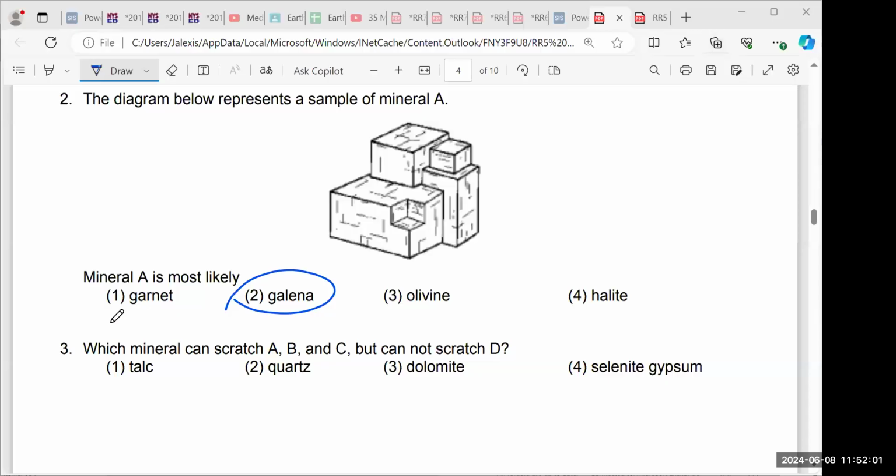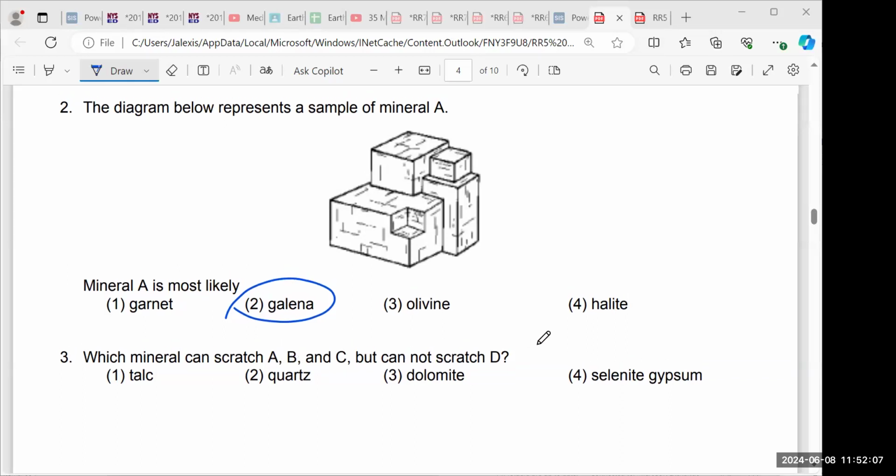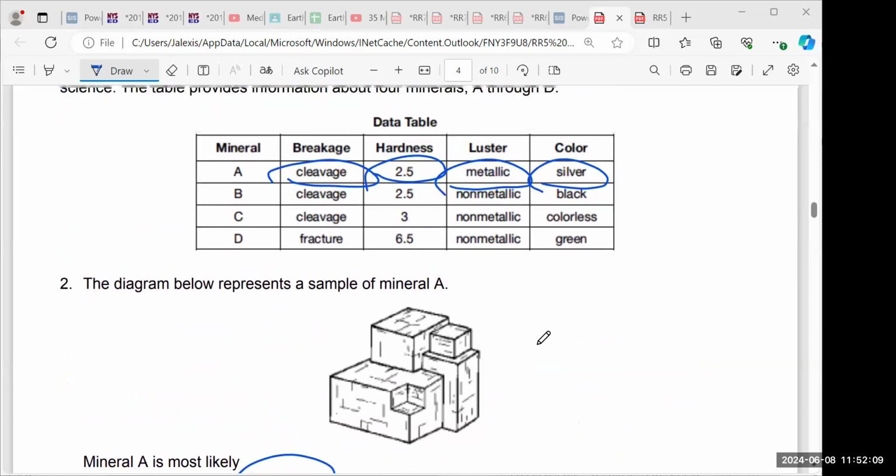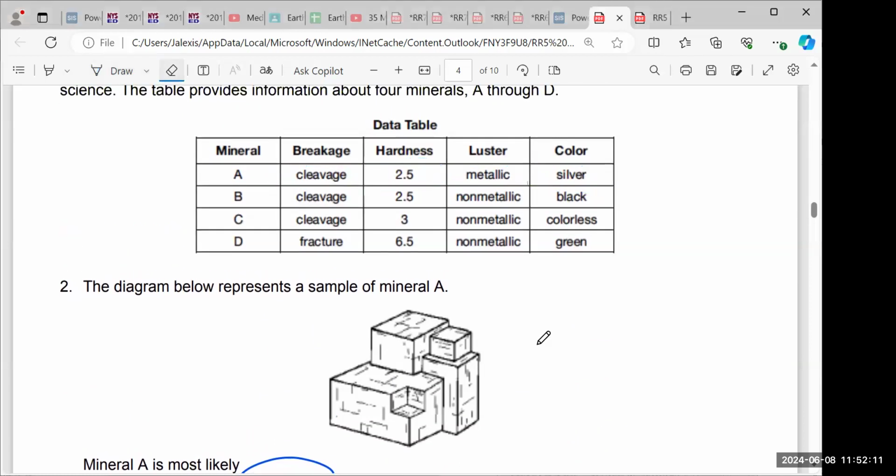Number 3 says, which mineral can scratch A, B, and C, but cannot scratch D? All right. So if I can scratch A, B, and C, I need to have a hardness of at least whatever they're equal to, right? So 2.5, 2.5, and 3. So I definitely need to have a hardness of at least 3.